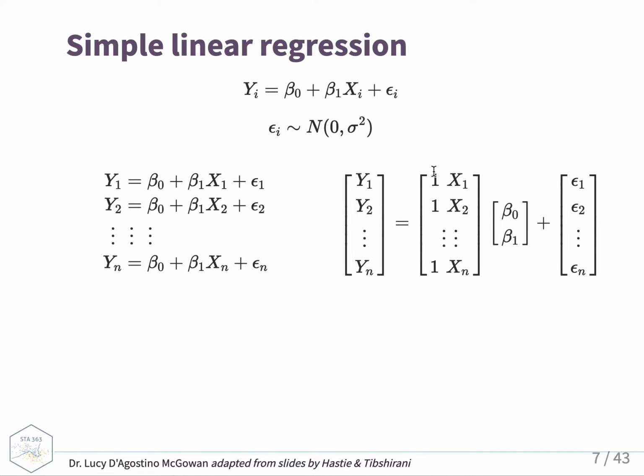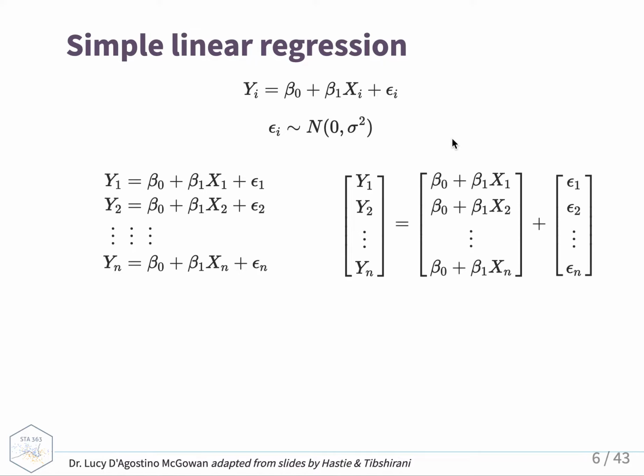And so now this matrix in this simple linear regression form has all ones at the beginning. So the first column is just ones, and the second column corresponds to our x values for each of these observations. If we go back here, we can see exactly how that happened, because everybody has the same intercept value, the same beta 0. So that's why we have that column of ones, and then everyone has a different x value to correspond to their beta 1.